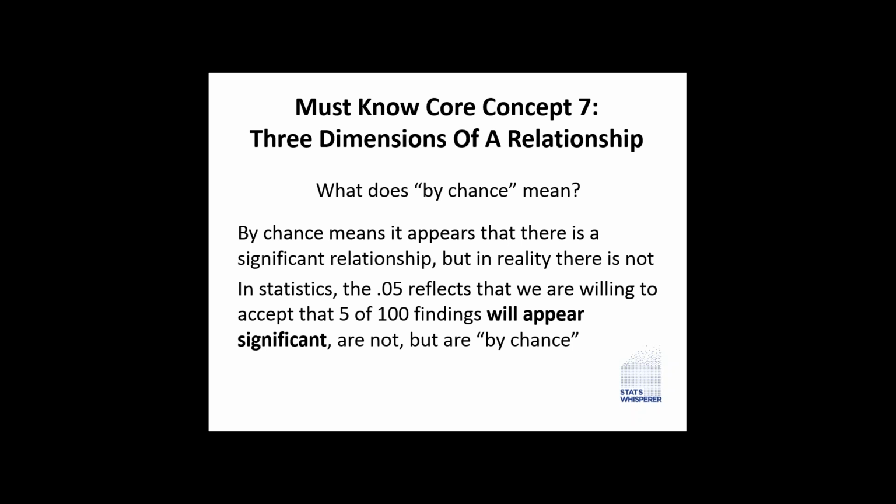So, for our sake, I've put down here, by chance means it appears that there's a significant relationship, but there really is not. Okay? So, in statistics, 0.05 probability reflects that we're willing to accept that 5 times out of 100, findings will appear significant, but are not. They're actually by chance. Okay?